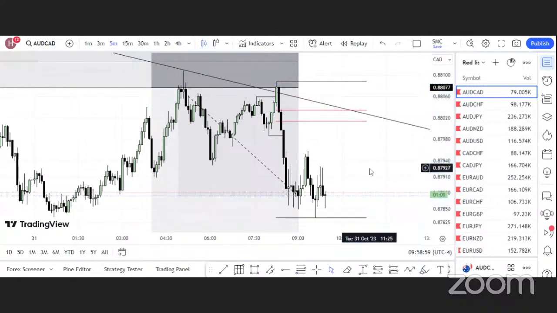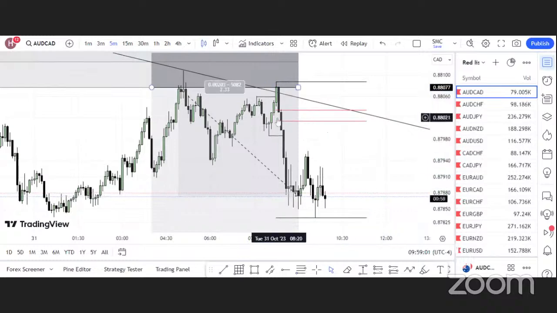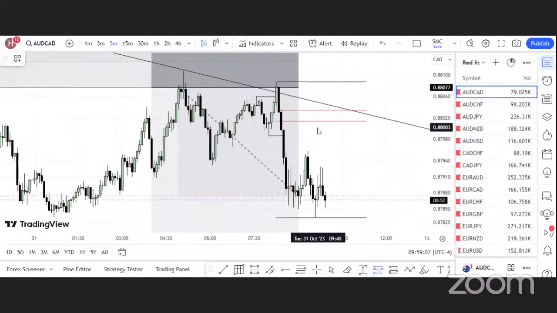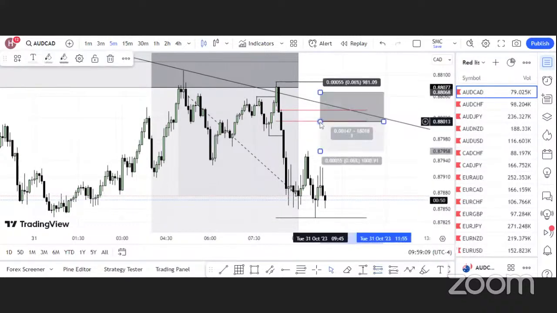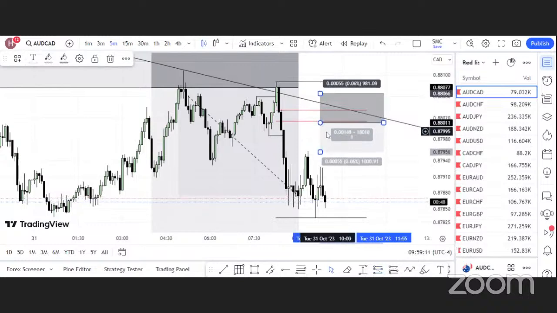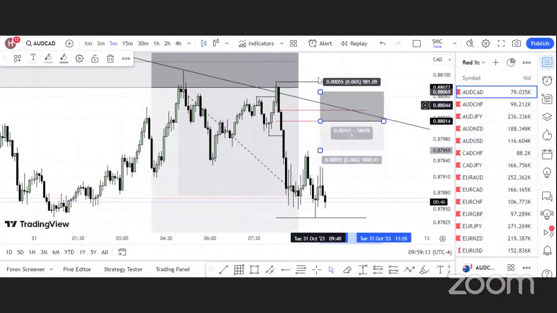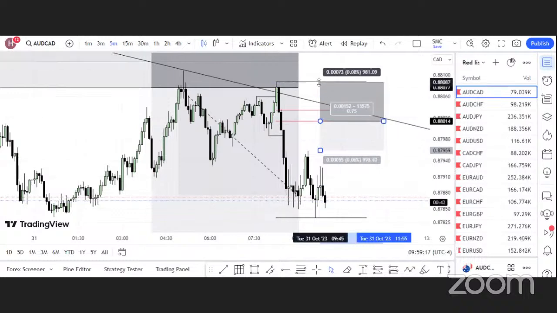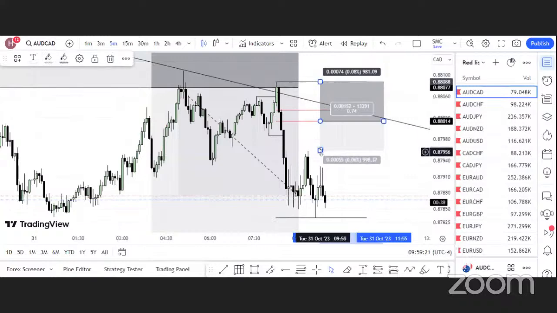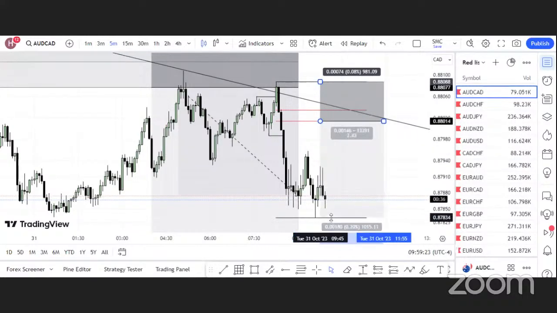Okay, so this is beautiful because the market, you see, marked out the 50% of my fair value gap. So that's a good entry for me. I can have my entry point here, have my stop loss around here, and have my take profit right here.